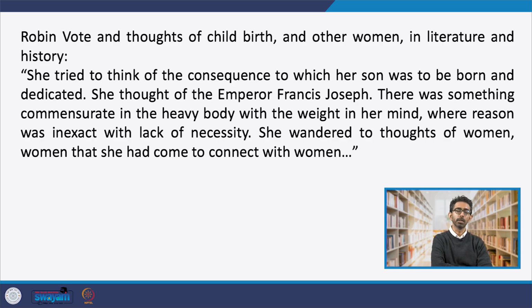She tried to think of the consequences to which her son was to be born and dedicated. She thought of the Emperor Francis Joseph. There was something commensurate in the heavy body with the weight in her mind, where reason was inexact with lack of necessity. She wandered to thoughts of women that she had come to connect with women.